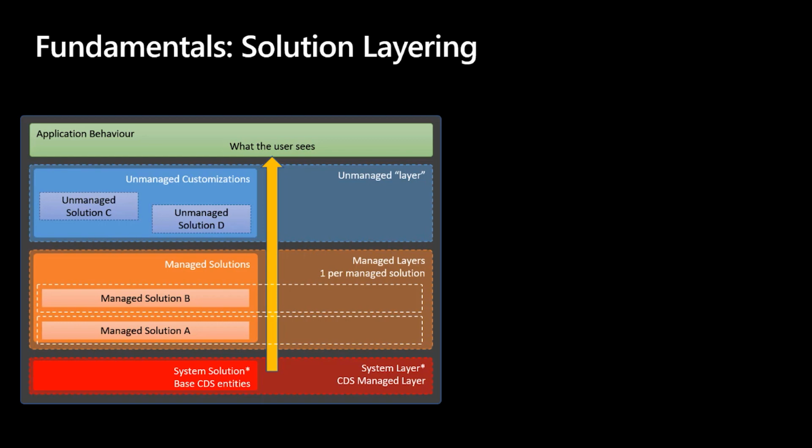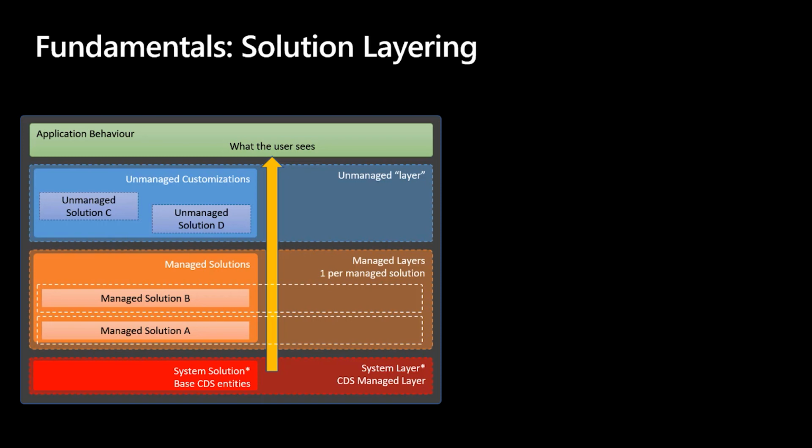You will see various ISV solutions or even your own custom managed solutions or customer managed solutions that are installed. And then finally, any configurations that you make on top of those. And the bottom line is you have to have an understanding on a per component basis what solutions are in play for influencing that behavior and what the end user would see.